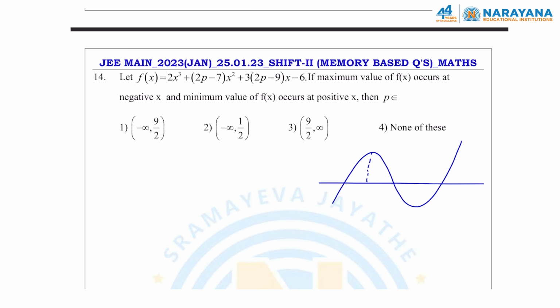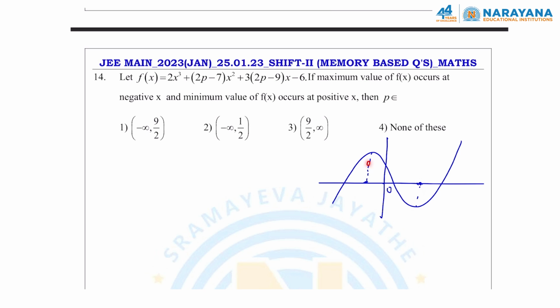This should be negative, and the minimum should occur at a positive x value. So both the things should be on opposite sides of the origin. If I am taking this as origin, maximum value should occur at negative x and minimum value should occur at positive x.